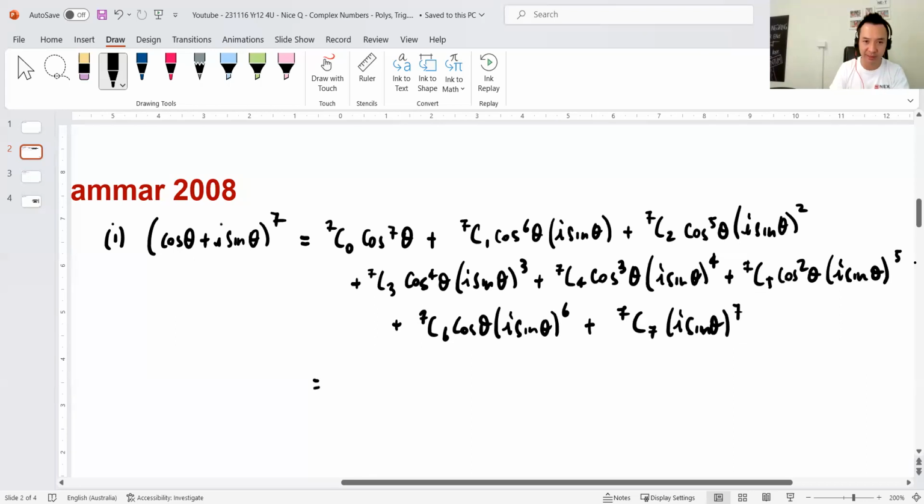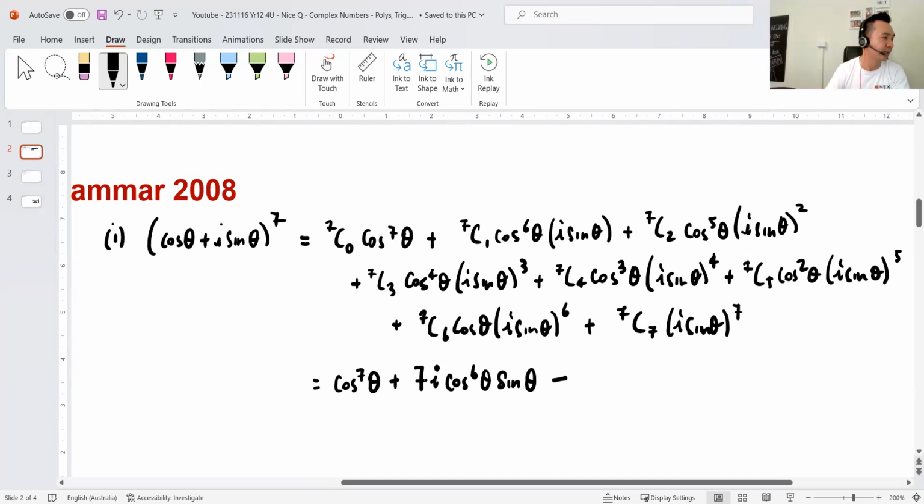Now, so that becomes, now, you know what? They ask me to prove. Oh, no, damn. They didn't give me the answer. So that's just cos^7 θ. Now, this guy is positive 7i cos^6 θ sin θ minus, right? Because i squared. Now 7C2.